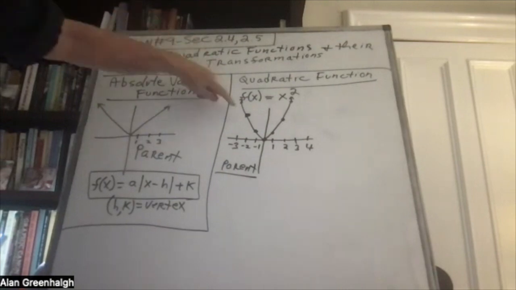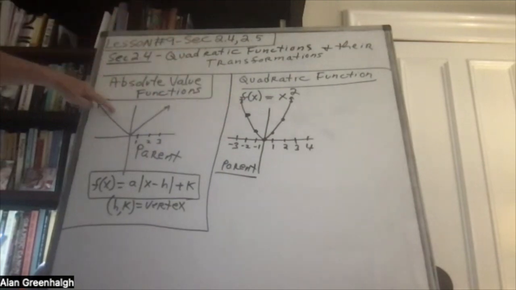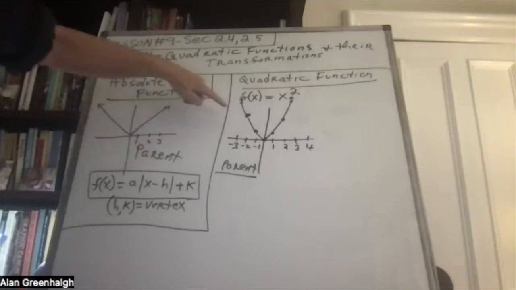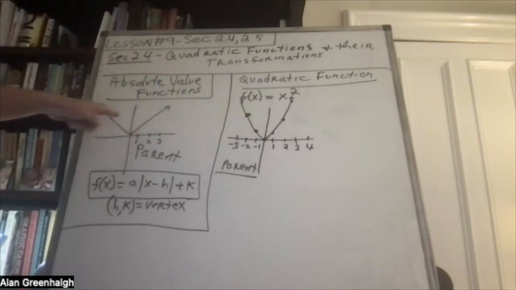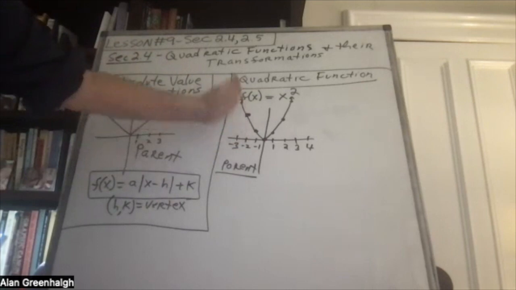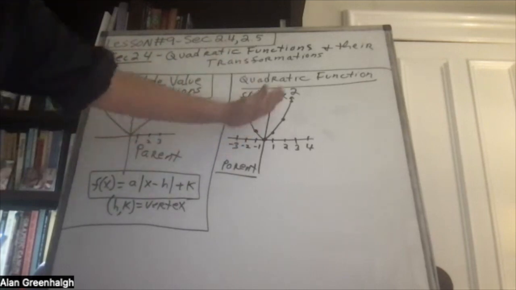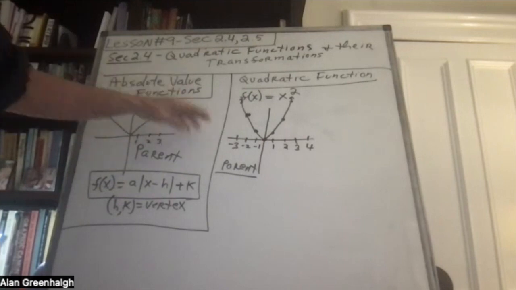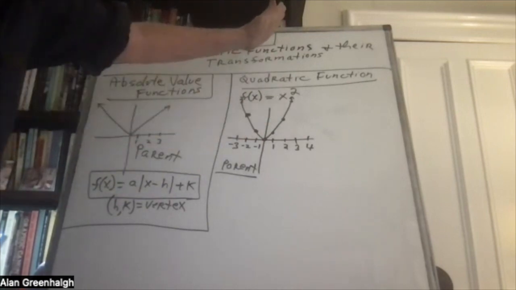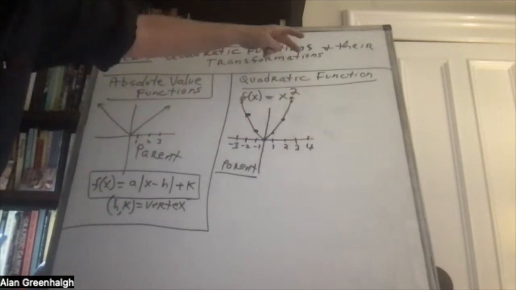It is extremely similar. My goodness, this is a linear function. This is a quadratic function, but wow, they look almost the same, except that this is quadratic, so it's moving up faster than this. This is just kind of lollygagging its way through the plane. This is just zooming up. For 4, it's going to be 16.